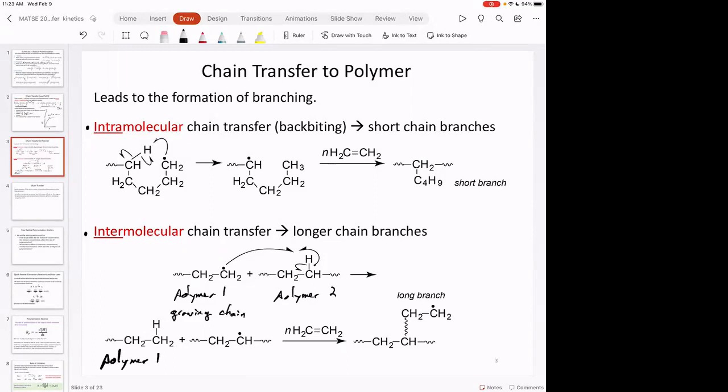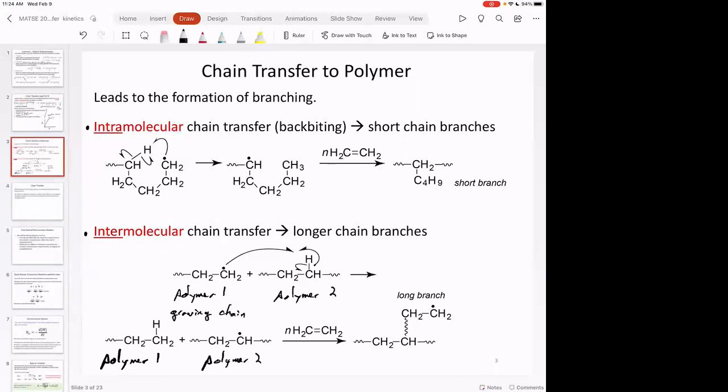And so polymer 1 is now quenched and it's just a polymer just sitting there. And when you take 1 electron going one way to make that covalent bond with carbon on polymer 1, you're left with a radical on polymer 2.